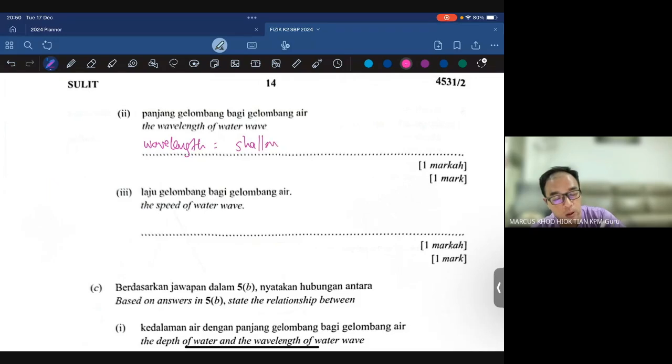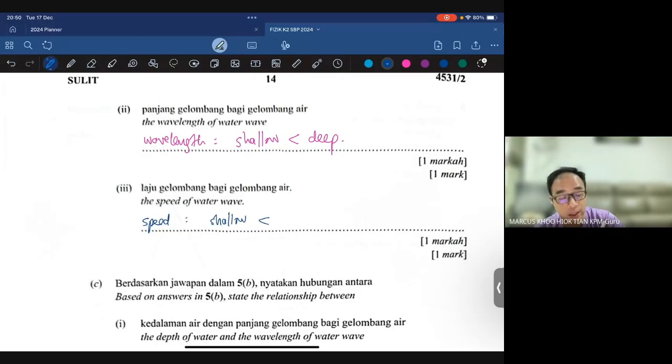Speed of the water wave, this one you have to know. The water in the shallow area has a smaller speed than the water at the deep area. This is standard.